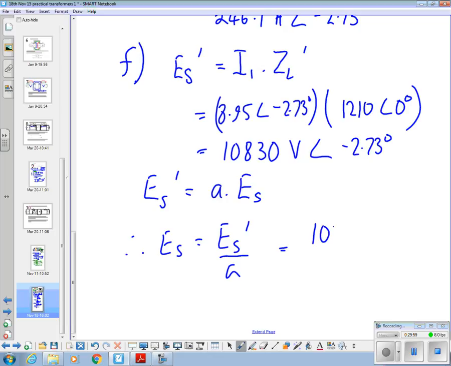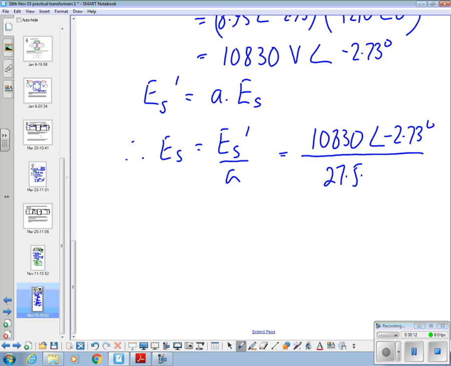So we've got 10,830 angle minus 2.73 over 27.5, which is 394 volts angle minus 2.73 degrees.